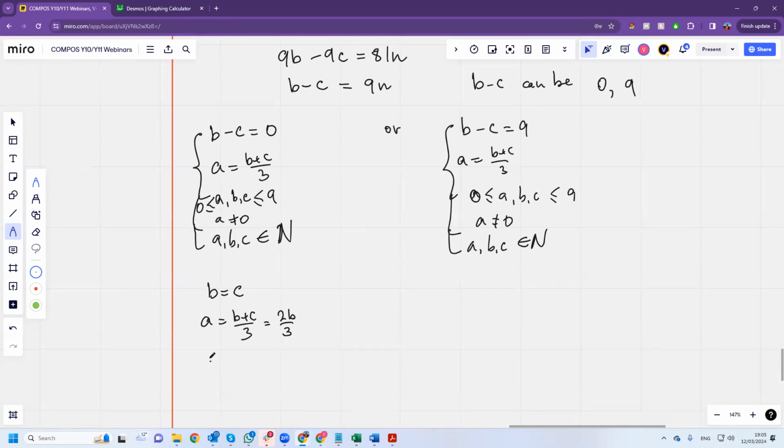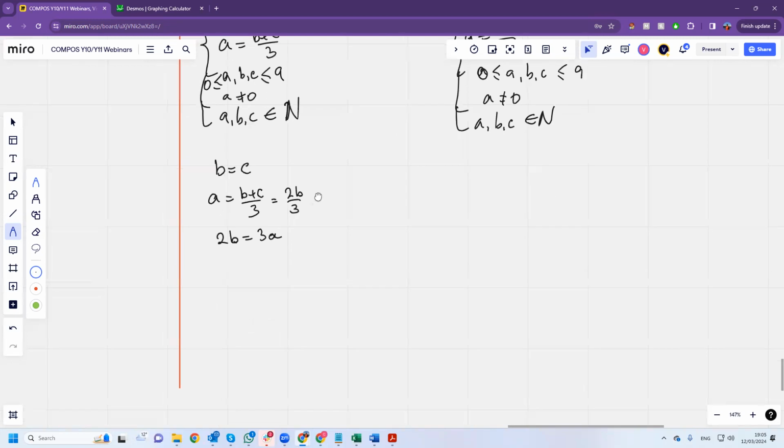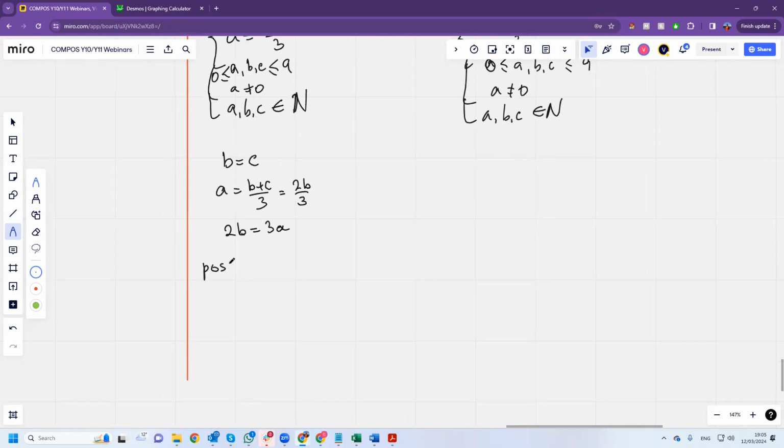That means that 2B equals 3A. What are the possibilities?